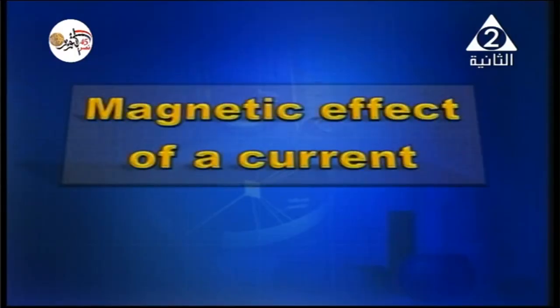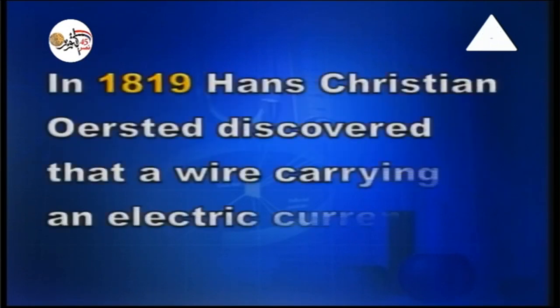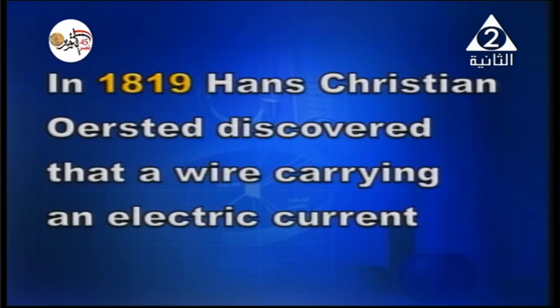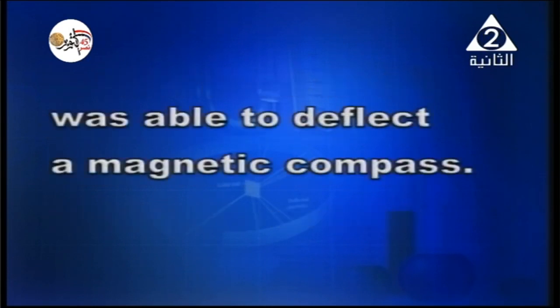The magnetic effect of the electric current. In 1819, Hans Christian Ørsted discovered that a wire carrying an electric current was able to deflect a magnetic compass.